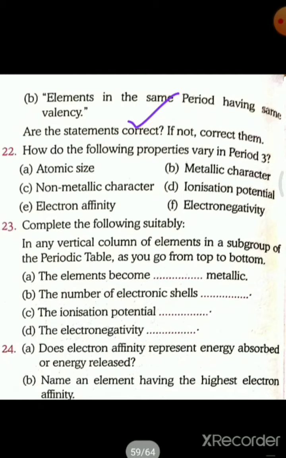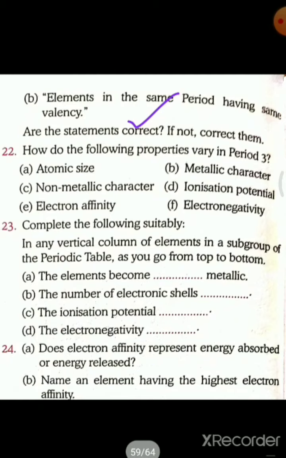Then complete the following suitably. In a vertical column of elements in a subgroup of the periodic table, as you go from top to bottom, the elements become less metallic or more metallic? You will write that the elements become more metallic, because while moving from top to bottom your metallic character increases.